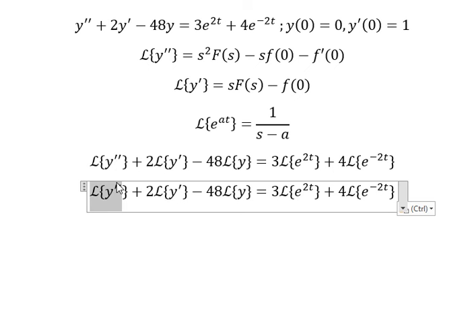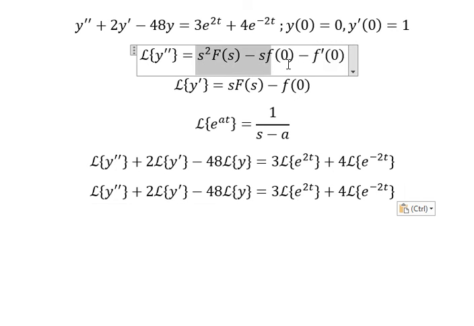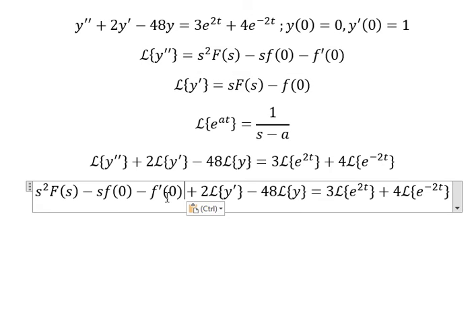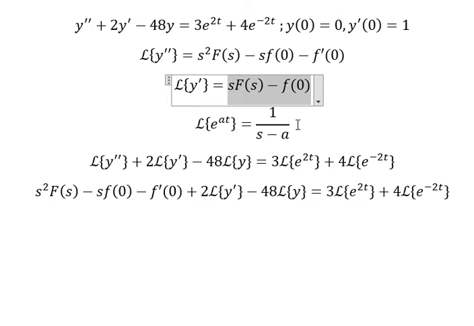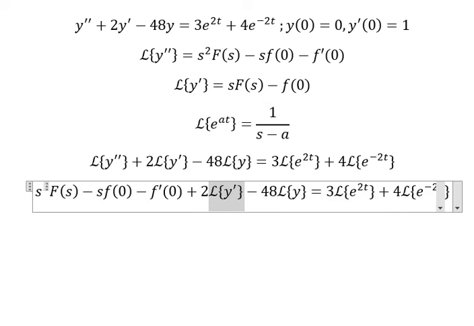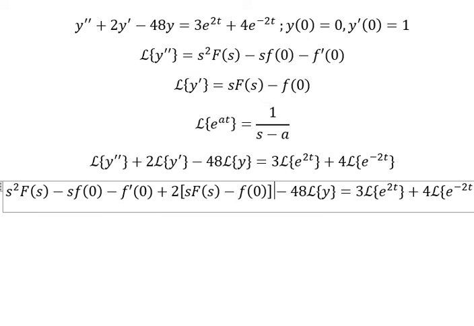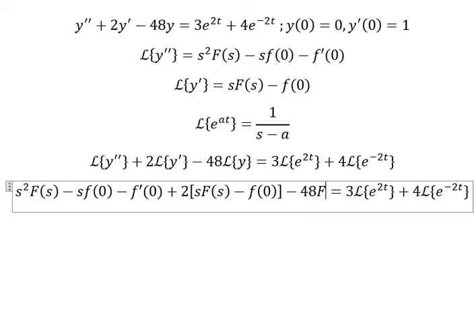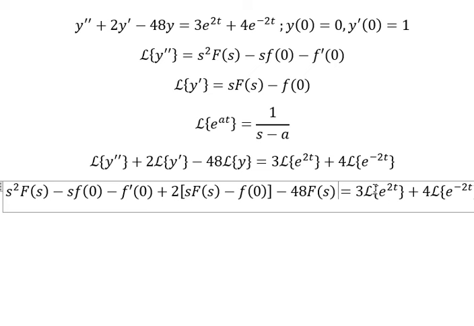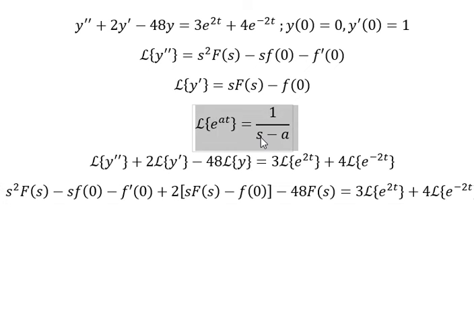So this one, that is about this one. This one, that is about this one. And this one we change by capital F of s. This one we follow the formula in here.